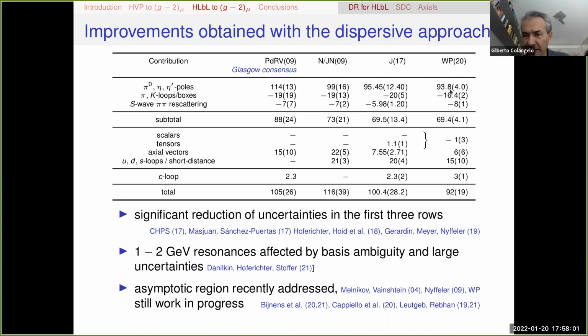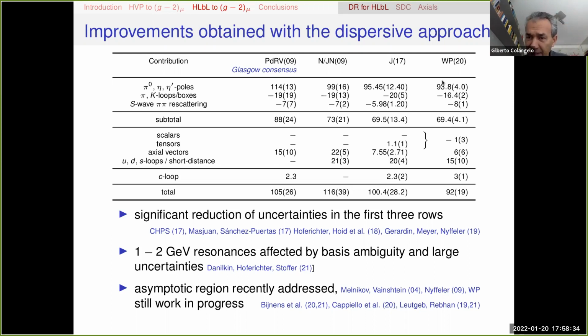In particular, the pseudoscalar poles are now known with about 4% uncertainty. The pion box is known to a 1% uncertainty, and the 2-pion S-wave rescattering is also known to a good uncertainty. It's a smaller contribution, so this roughly 15% uncertainty is very acceptable.